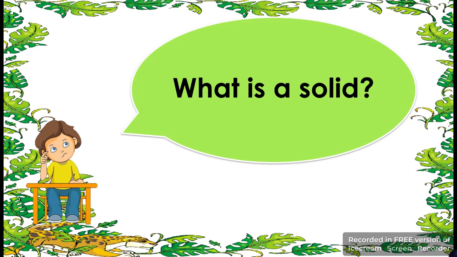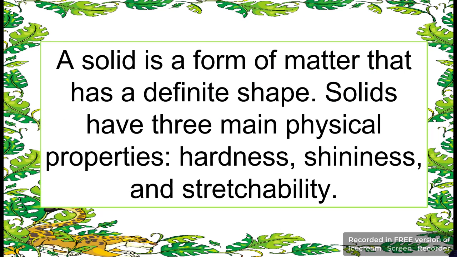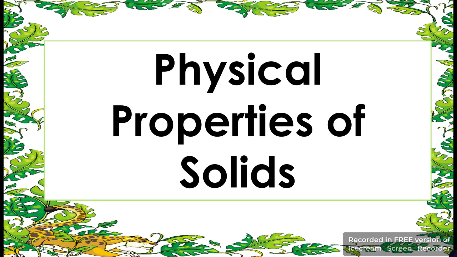What is a solid? A solid is a form of matter that has definite shape. Solids have three main physical properties: hardness, shine, and stretchability. This is the physical property of solid.